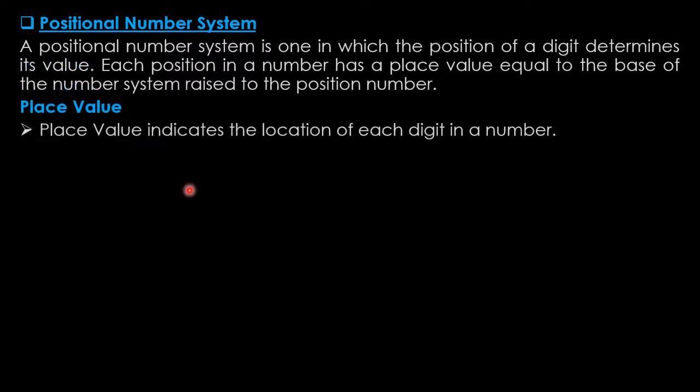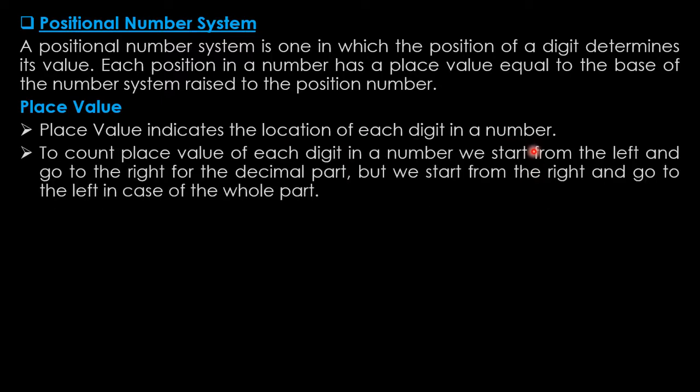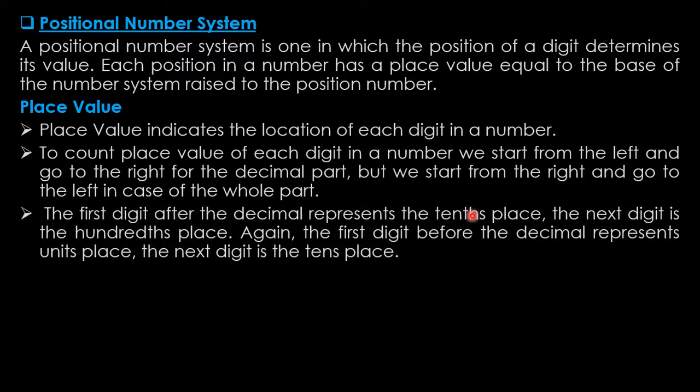Place value. Place value indicates the location of each digit in a number. To count the place value of each digit in a number, we start from the left and go to the right for the decimal part, but we start from the right and go to the left in the case of the whole part. The first digit after the decimal represents the tenths place. The next digit is the hundredths place.